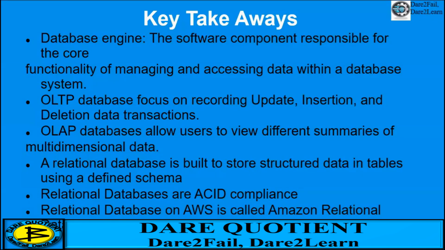retracted. And we saw that on the AWS platform, the relational database is referred to as the Amazon Relational Database. We saw that we have different types of Amazon relational databases, like the MariaDB, the Oracle.